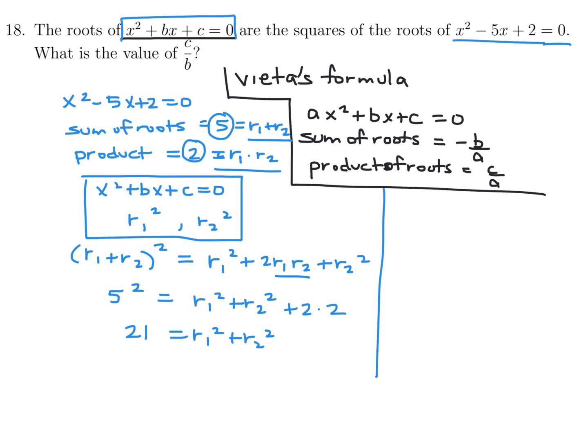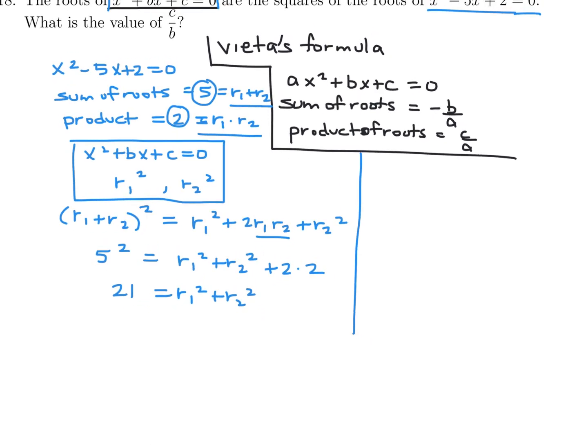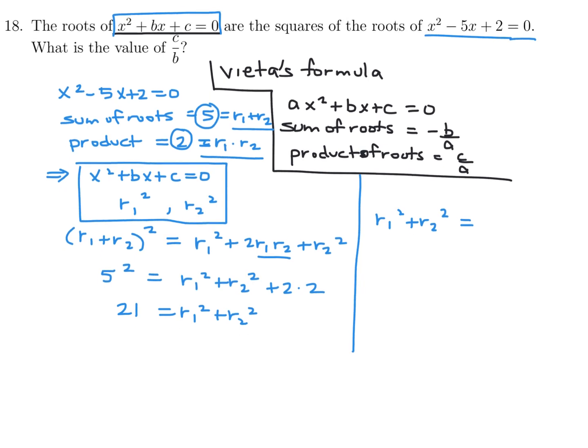And then I guess we can use Vieta's again on this equation. So the sum of the roots, which would be r1 squared plus r2 squared, is minus b over a. Is there an a in here? No, there's no a.